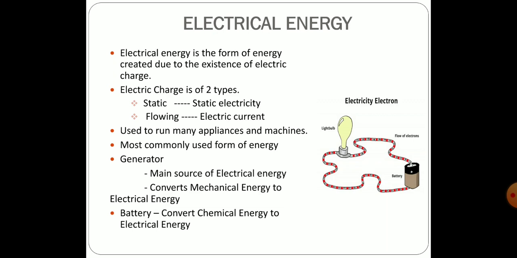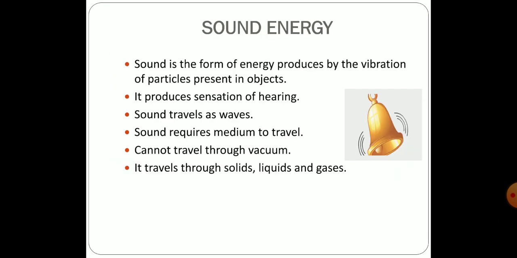That is where the mechanical energy is generated. From the mechanical energy, they will get the electrical energy. Then coming to the battery, which we are using in the UPS or in the car, chemical energy, we have put the chemicals inside the battery, so that chemical energy is converted to electrical energy.